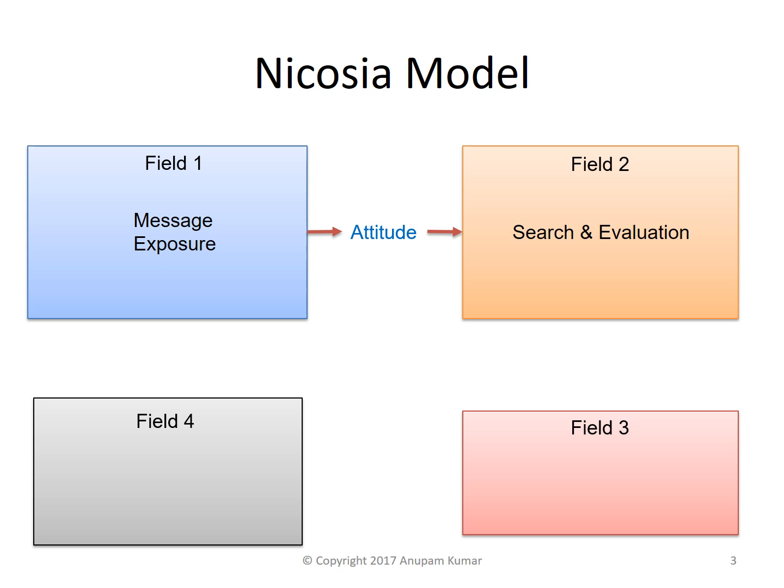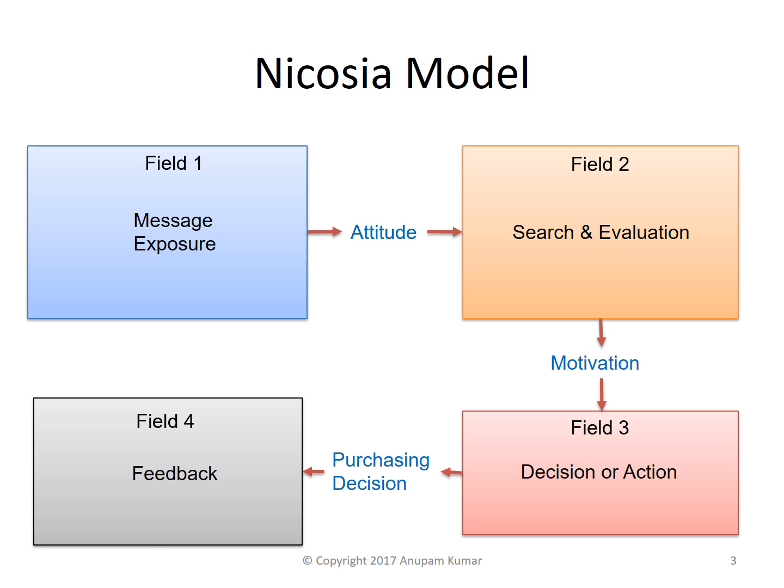This search and evaluation leads to a certain amount of motivation, which results in an action. This action is shown in the form of a purchasing decision, the result of which is certain information, which is nothing else but a feedback which gets delivered to the firm as well as the consumer.